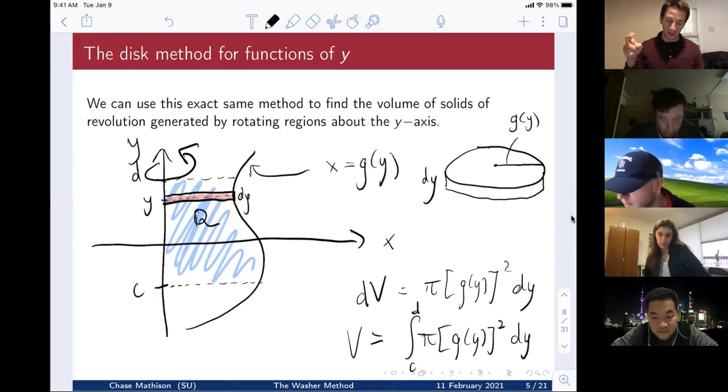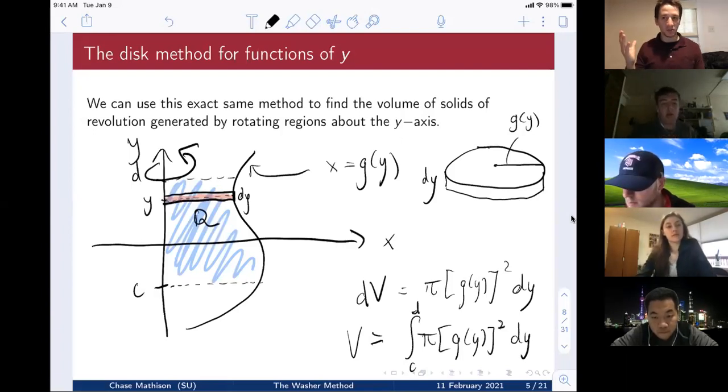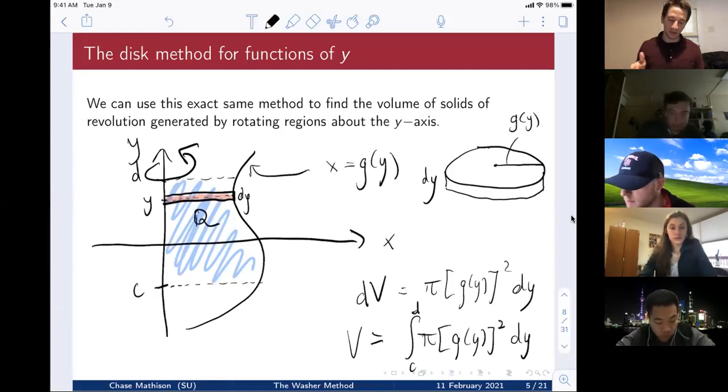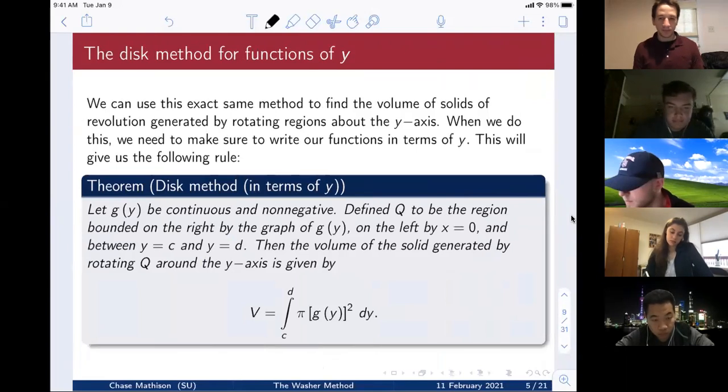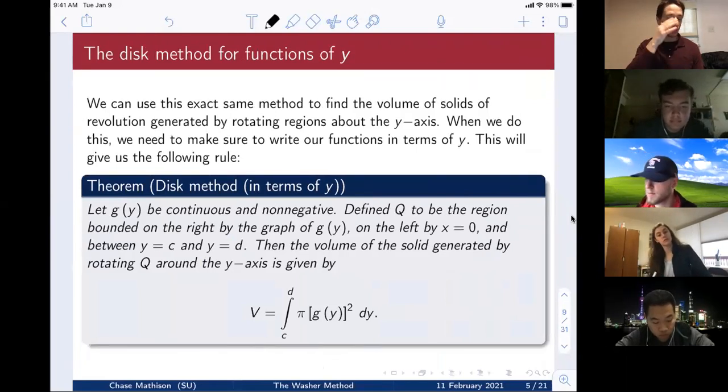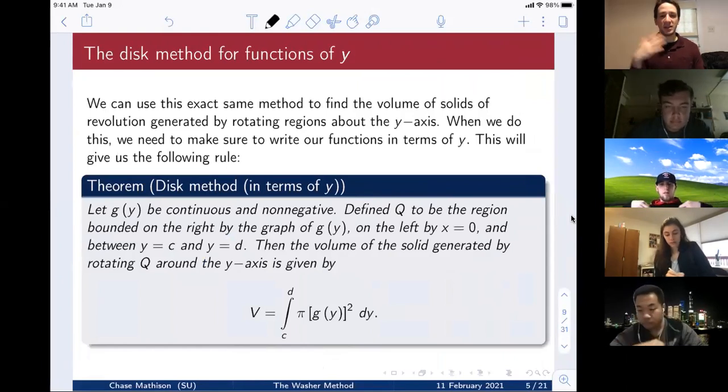So really not any different. We're just doing things in terms of y instead of in terms of x. But being able to do this is going to give us a tool for future problems. Here's the whole theorem stated out. Again, g needs to be continuous and non-negative.